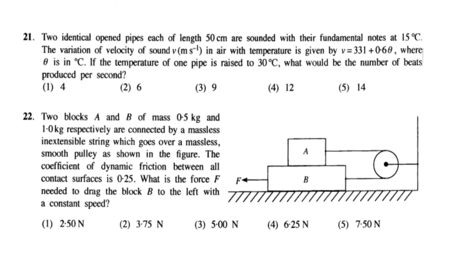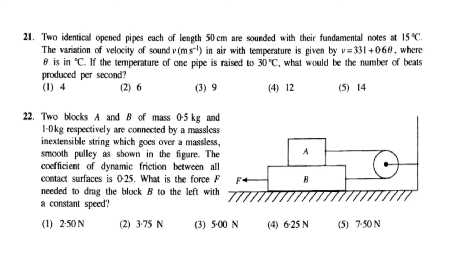And they have given that the variation of velocity of sound in air is given by v equal 331 plus 0.6 theta. When you look at that expression, you can see it resembles y equal mx plus c. Y is v, x is theta. So you can draw a v-theta graph.